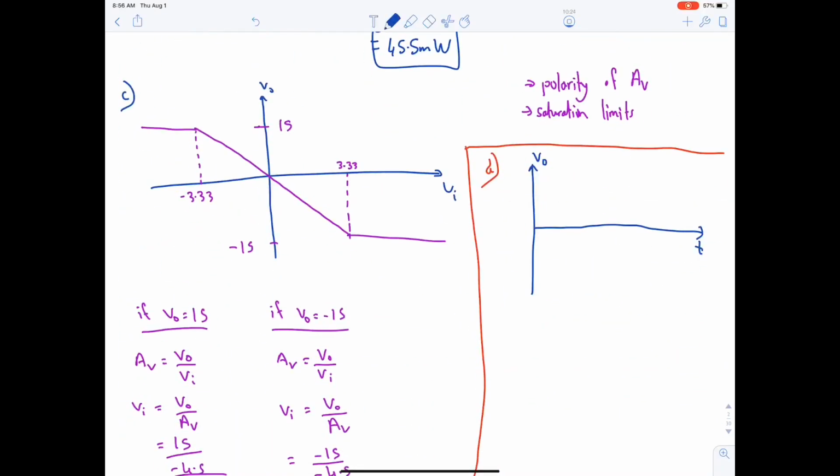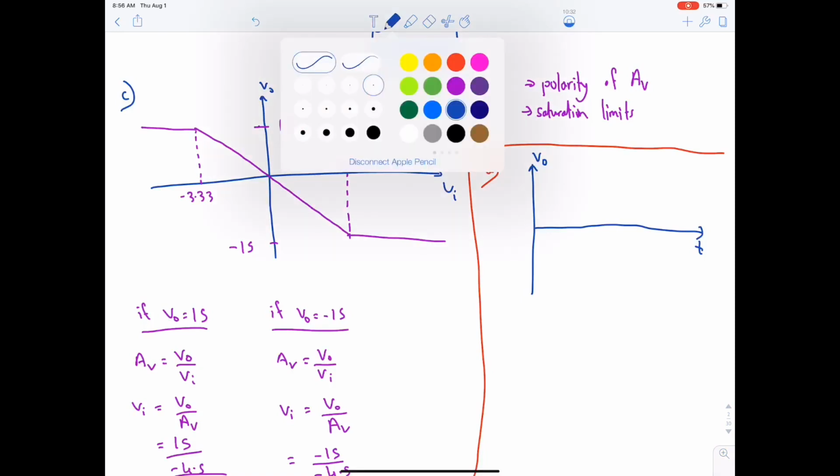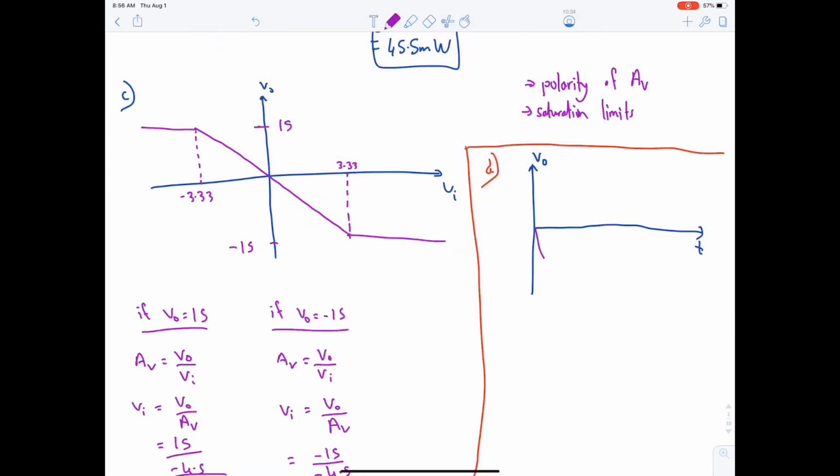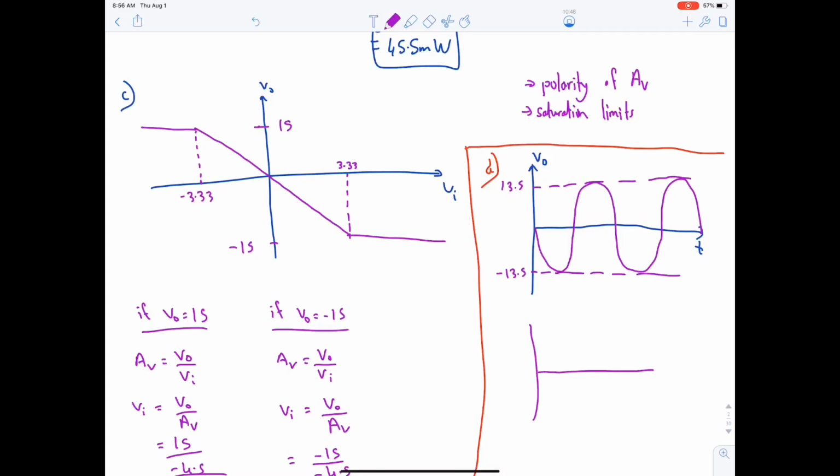So, we will start from the bottom. Let's change the color. We'll start from the bottom because it's minus and there's no saturation, so the peaks are minus 13.5 and 13.5. If there was saturation, then it has to be like this.